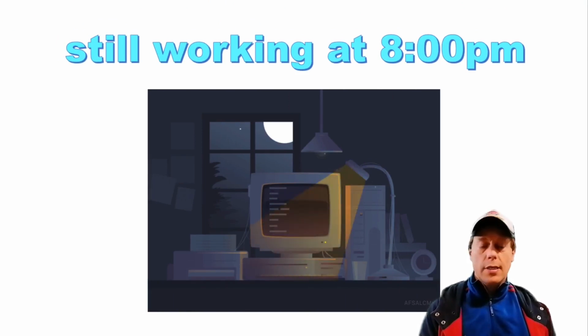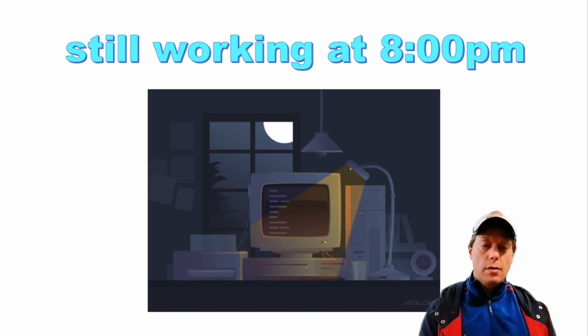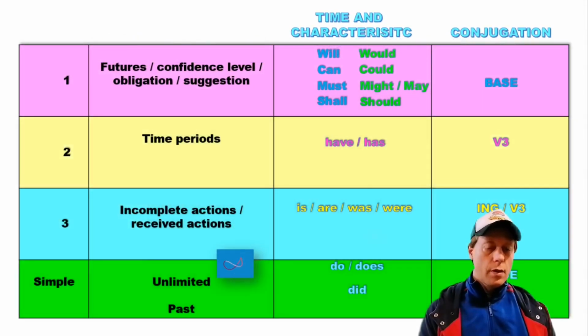And at the moment, let's just say, for example, it's 8 p.m. So we're looking from 8 p.m. back to the beginning of his day. So let's imagine that now it's 8 p.m. and we're talking about Fred starting work at 7 a.m. So that's a long time and he's not finished work because it says he's still working. So we're not going to need number 1 because we're not talking about the future.